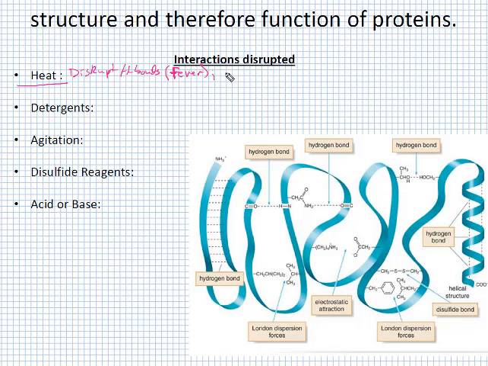Speaking of cooking, if you're cooking a steak or maybe boiling an egg, the white of the egg is protein essentially called ovalbumin. And when you boil that egg, that ovalbumin gets denatured and it comes out of solution, right?